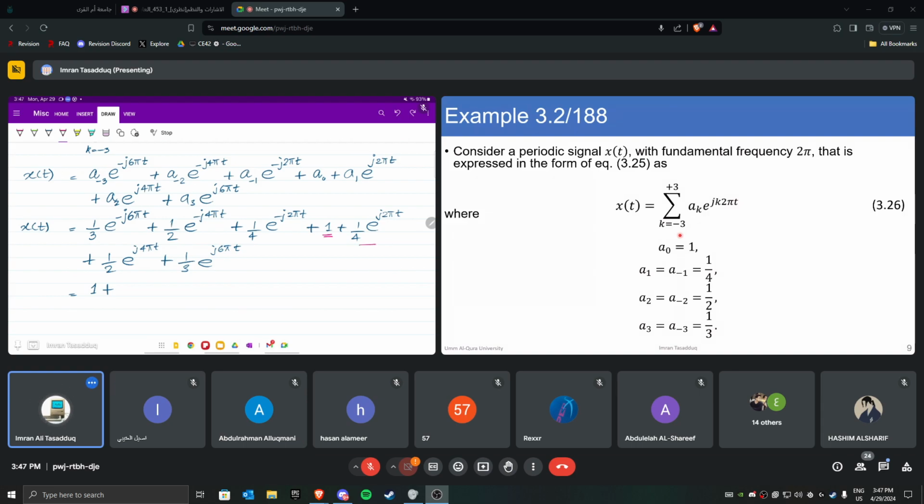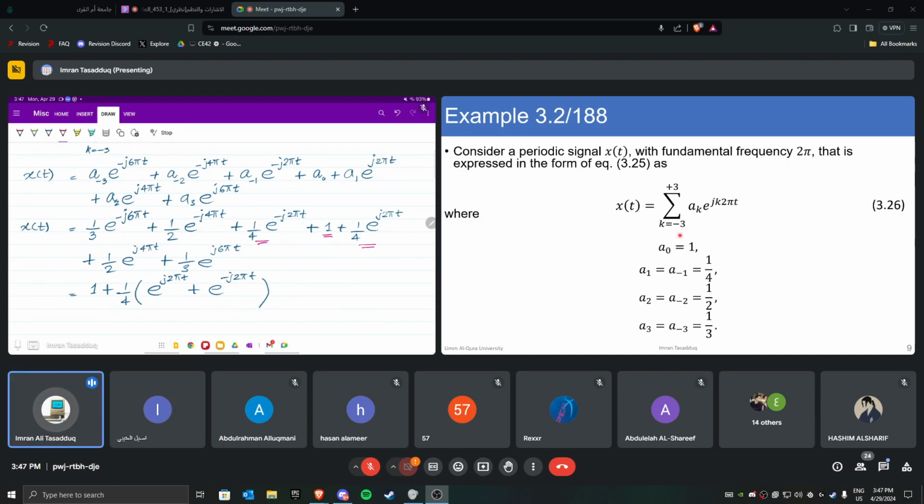So you have 1 by 4 here, and you have 1 by 4 here, right? So I can take 1 by 4 as common, and inside I will have e to the power j 2 pi t plus e to the power minus j 2 pi t, right? Is it clear? Are you with me? Yes.